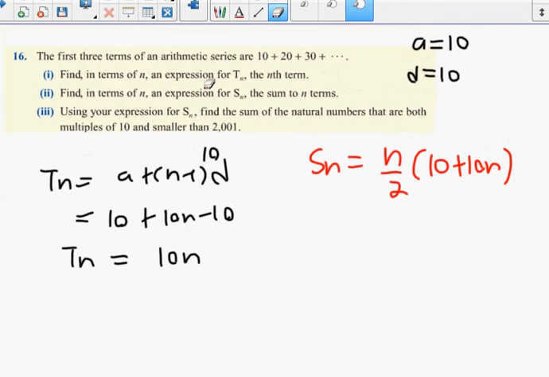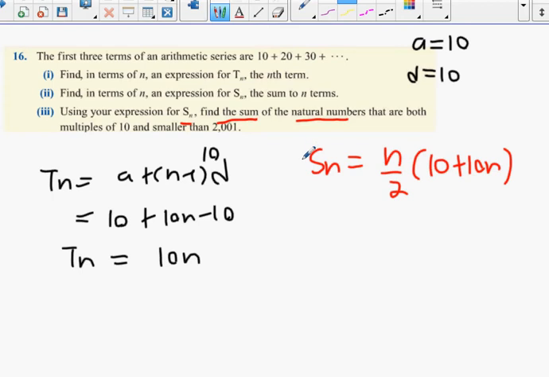Now, here's the hard part. Using your expression for Sn, find the sum of natural numbers that are both multiples of 10 and smaller than 2001. What that means is find the sum of natural numbers. What does natural numbers mean? It means that you can't have any negative numbers.